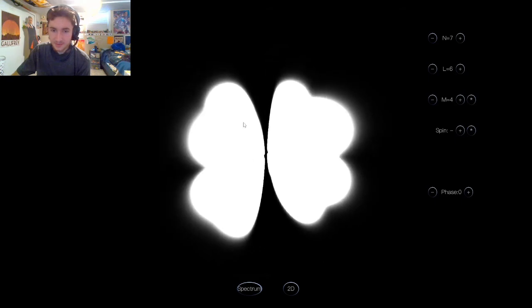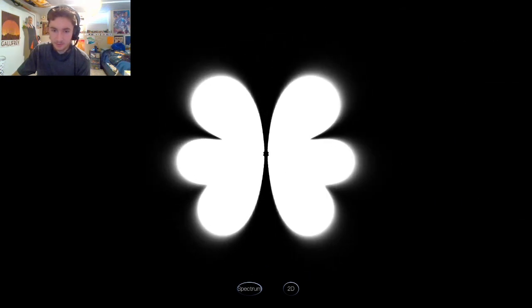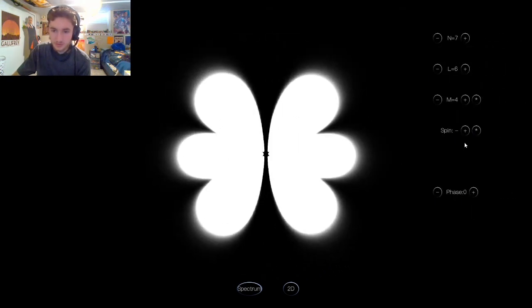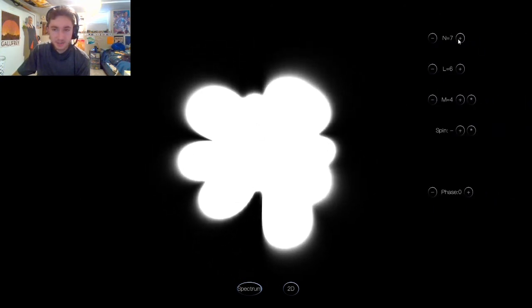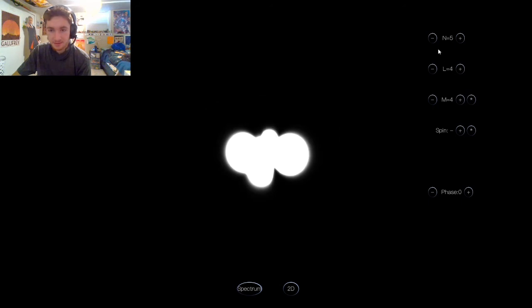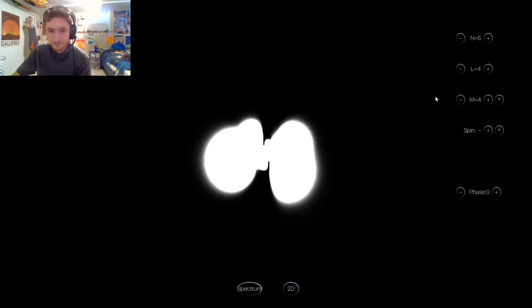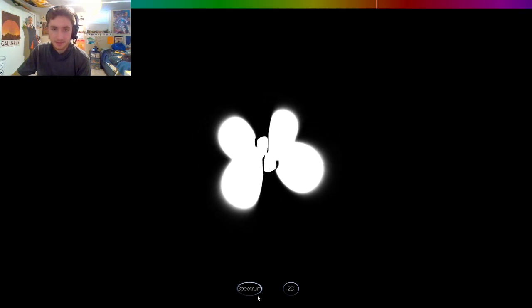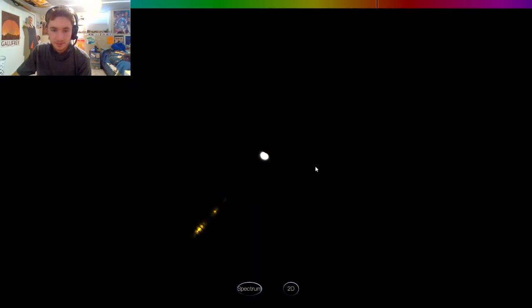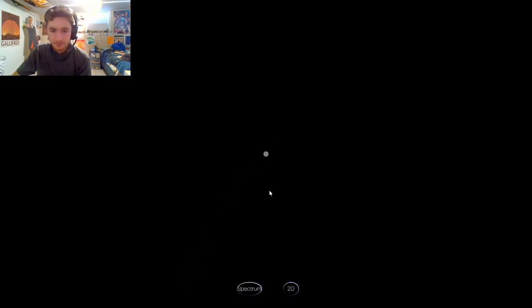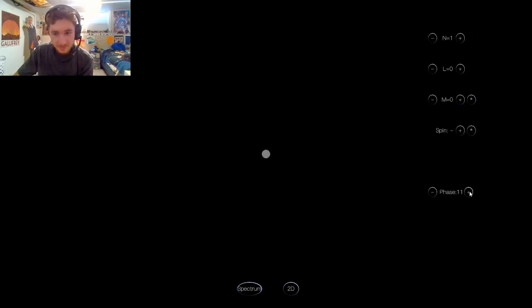So the l keeps wanting to add more orbitals. This is just the energy of the electron, basically. But I'm not sure what the phases mean.